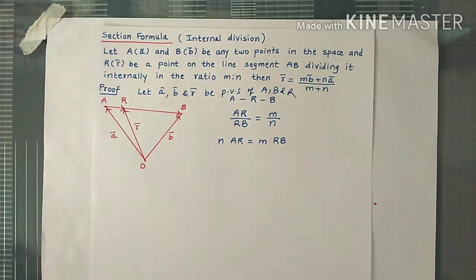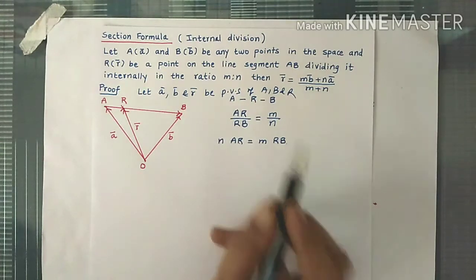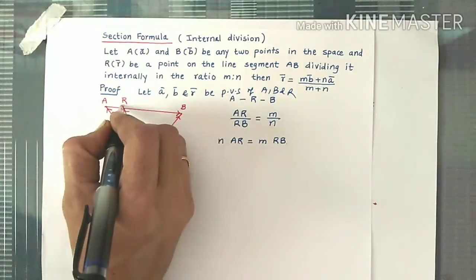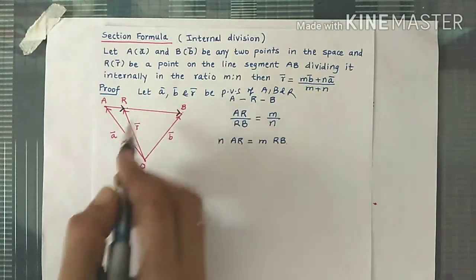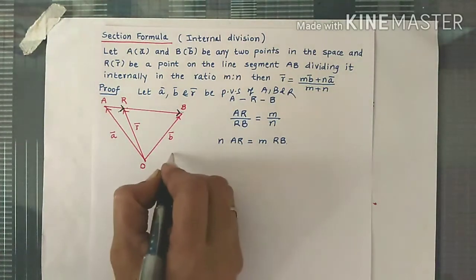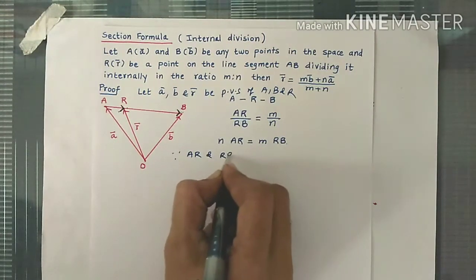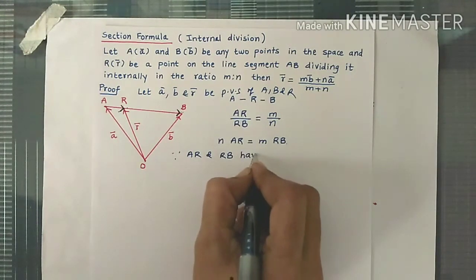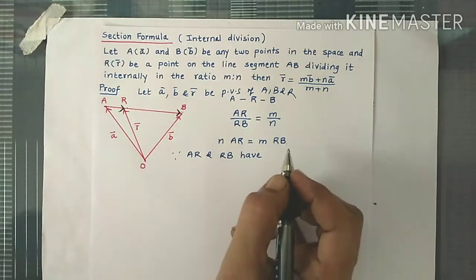So to convert this equation into vector equation, let's consider the directions of AR bar and RB bar. So AR bar is this vector and RB bar is this vector. You can see clearly that both are having the same directions. Now since AR and RB have same directions, we can convert this equation as it is in vector form.